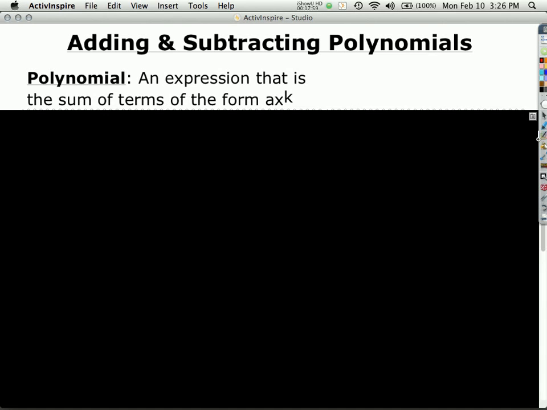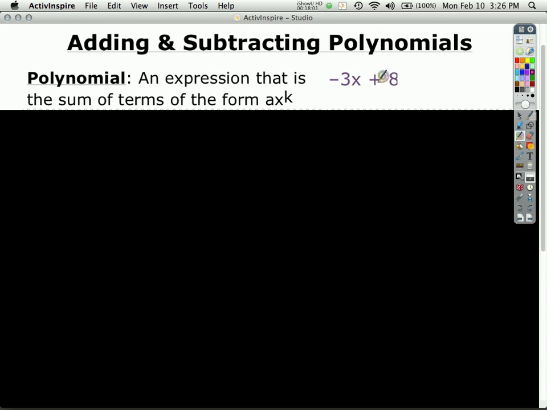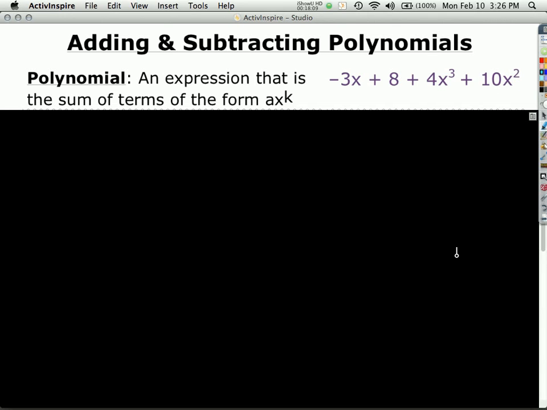Here is an example of a polynomial. That is a polynomial. Negative 3x plus 8 plus 4x to the third plus 10x squared is a polynomial. Each term can be expressed in the form ax to the k power, where a is a number and k is a number.